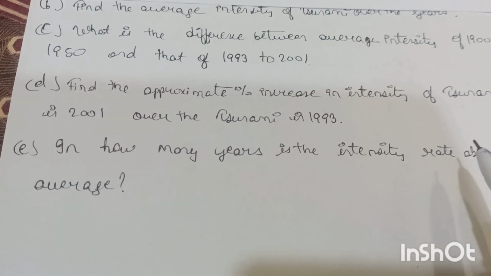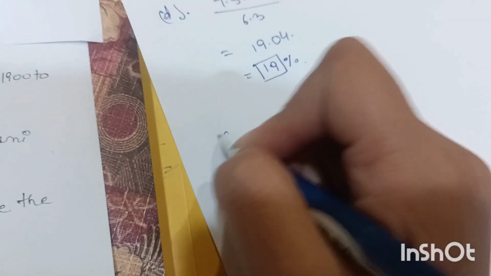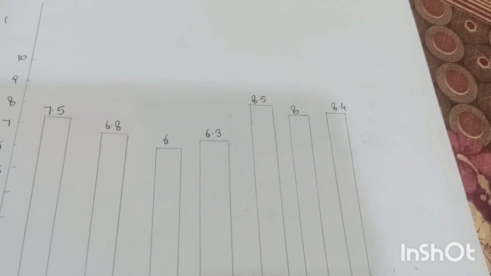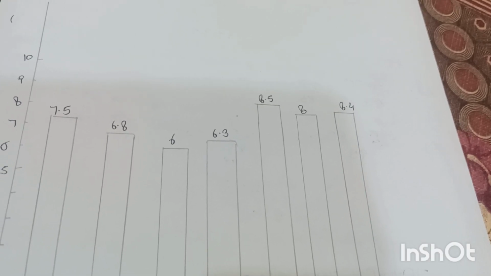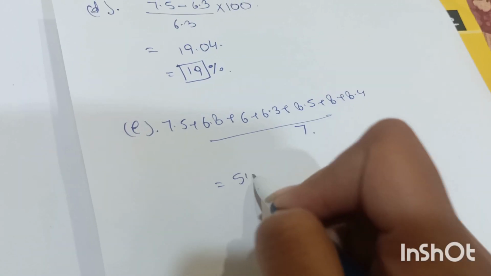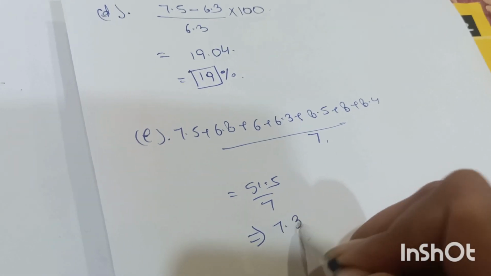Okay, so for option number E you have to find the average first. We have already found it, but let's do it once again: 7.5 plus 6.8 plus 6 plus 6.3 plus 8.5 plus 8 plus 8.4 upon 7. You'll get the value as 7.35.